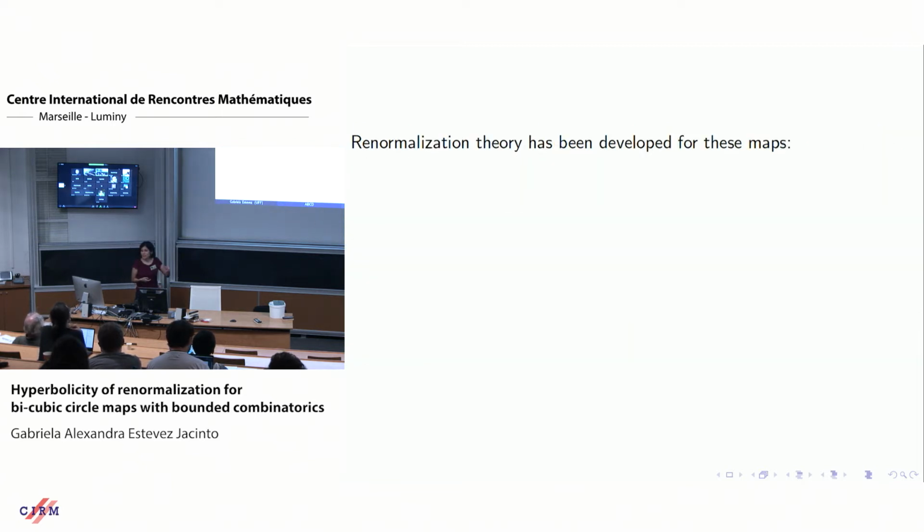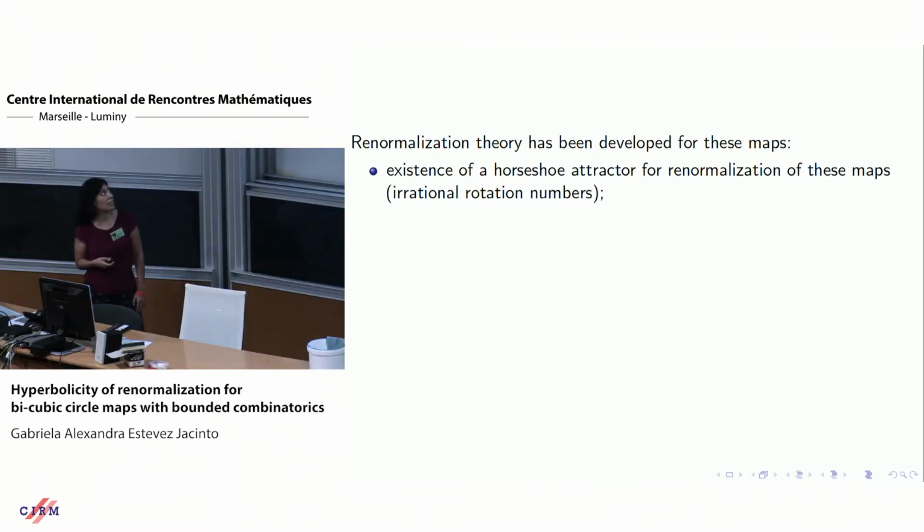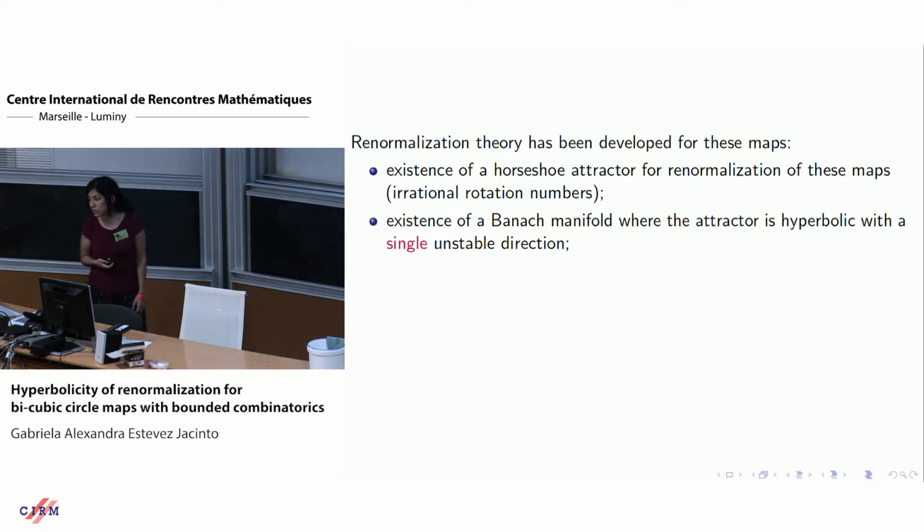The renormalization theory that Misha talked about this morning has been very well developed for this kind of maps, maps with only one critical point. There is more or less a list of results. There is a horseshoe attractor for renormalization for these maps in the case of irrational rotation numbers.